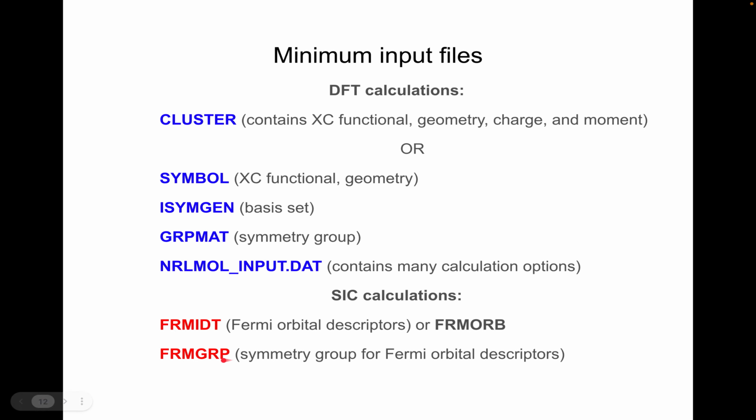When the software finds those 2 files in your directory, the SIC calculation will be turned on. And likewise, when those two files don't exist in your directory, then the SIC calculation is turned off. Alternatively to those two files, FRMIDT and FRMGRP, you could instead use the FRMORB file.